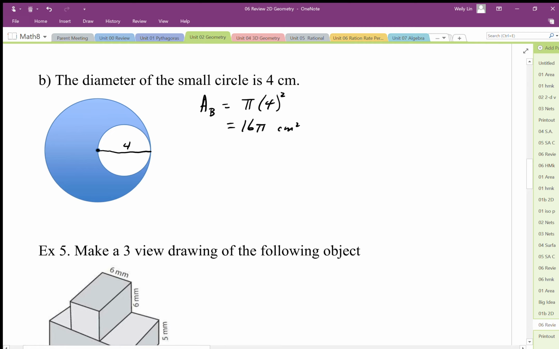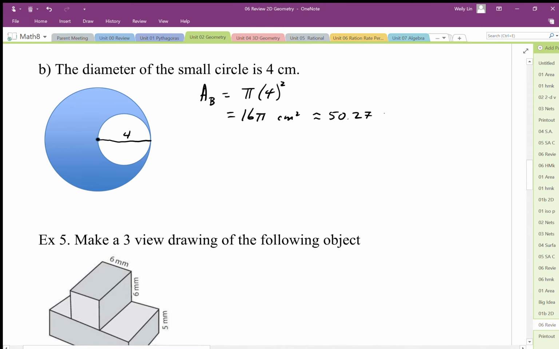As a decimal value, that's 16 times pi, which is approximately 50.27 centimeters squared.